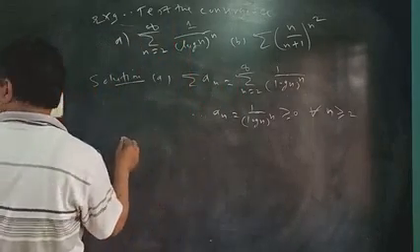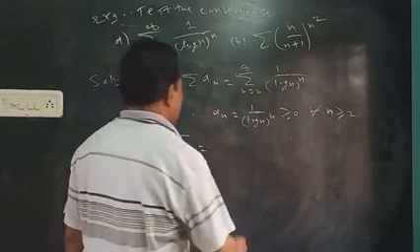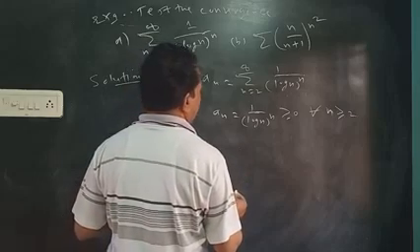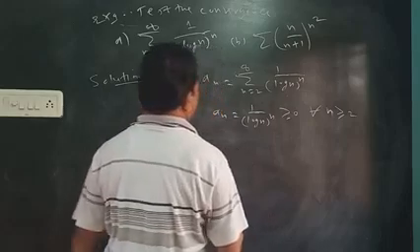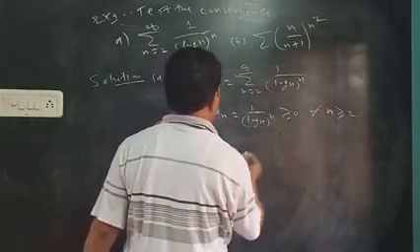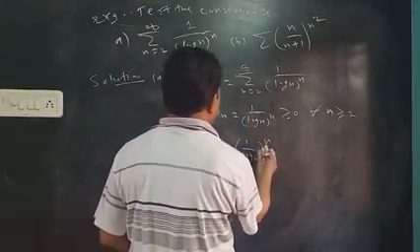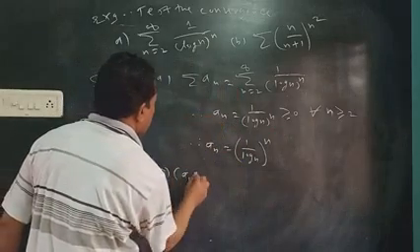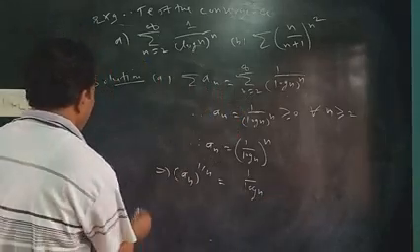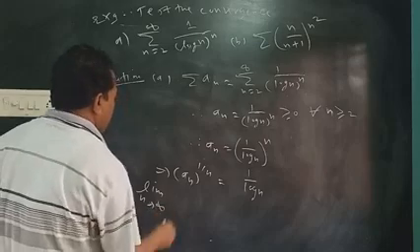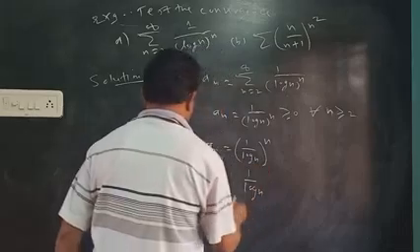Now by root test, the nth root of a_n. So a_n is 1 by log of n, whole raised to power n. Raising to power 1 by n, the nth root of a_n is 1 upon log of n.